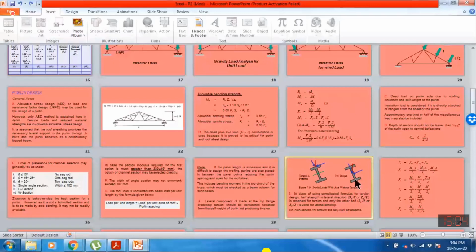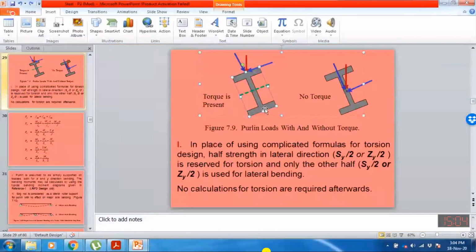Maybe I need to explain from this slide. Let me make a duplicate.